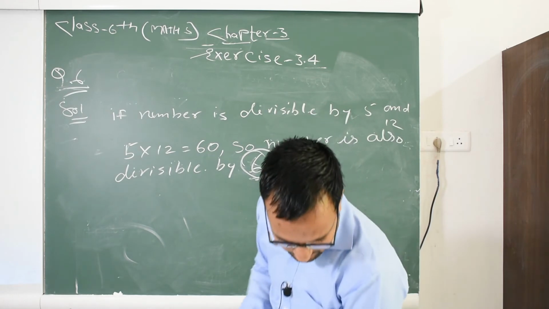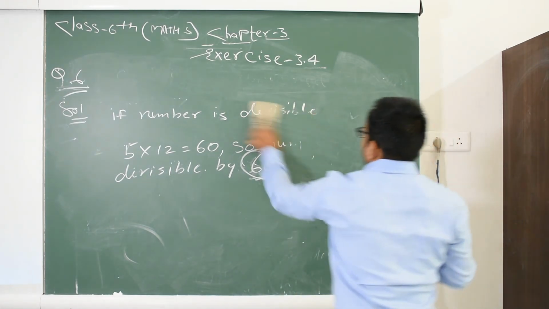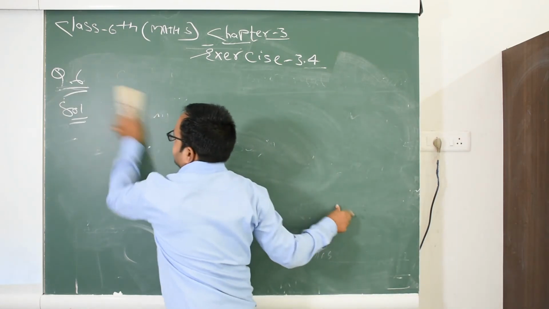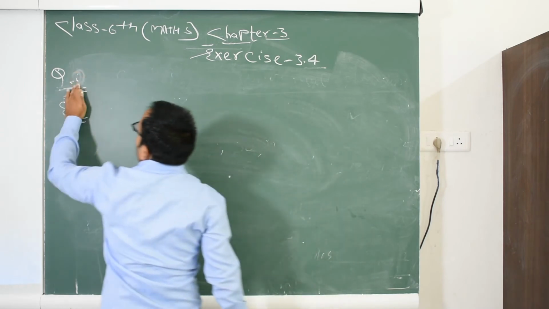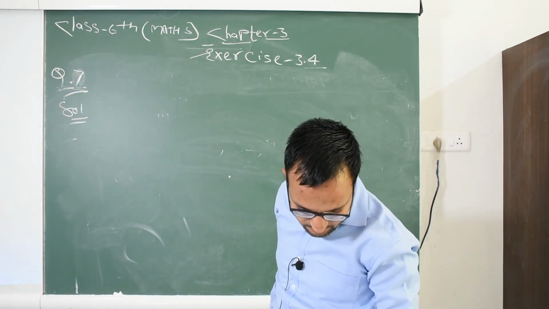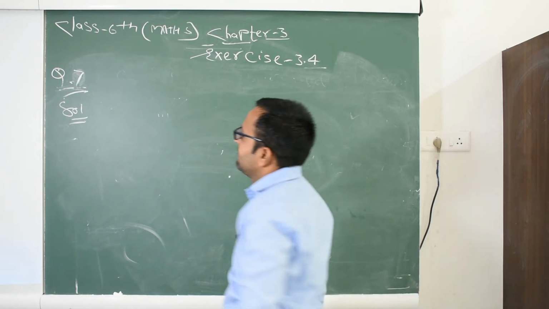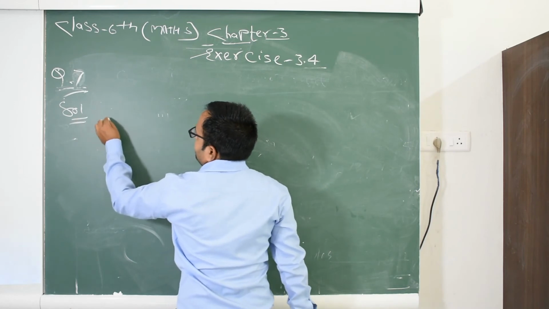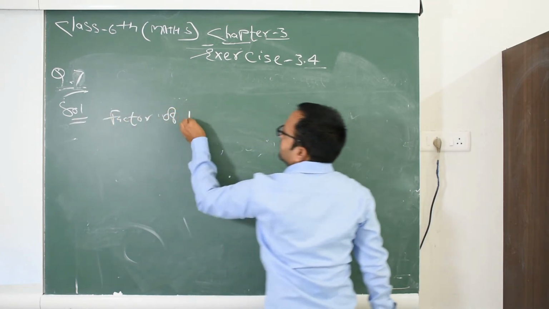Now question number 7, the last question of this exercise. A number is divisible by 12. By what other numbers will that number be divisible?